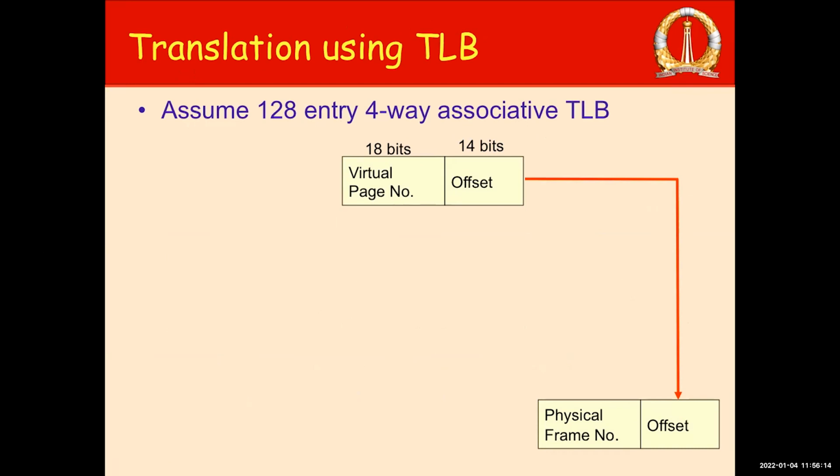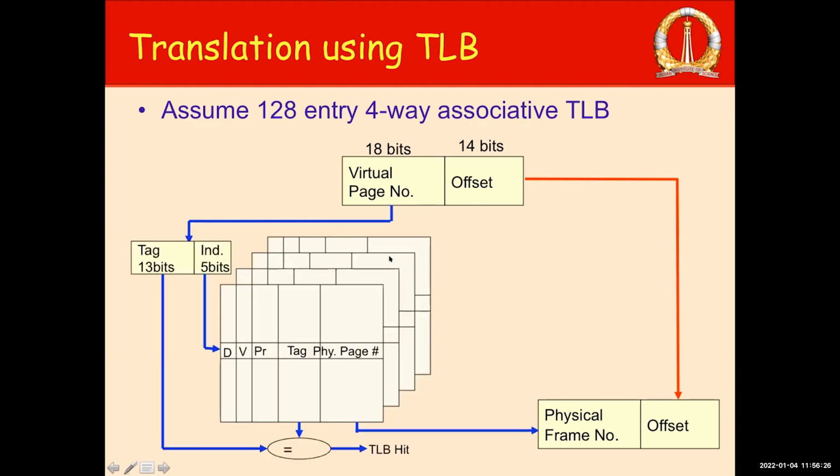To index these 32 sets, I need 5 bits of information. So I take the least significant 5 bits from my virtual page number and I index into that particular set in my TLB. And this set may have up to 4 entries because this is 4-way set associative.